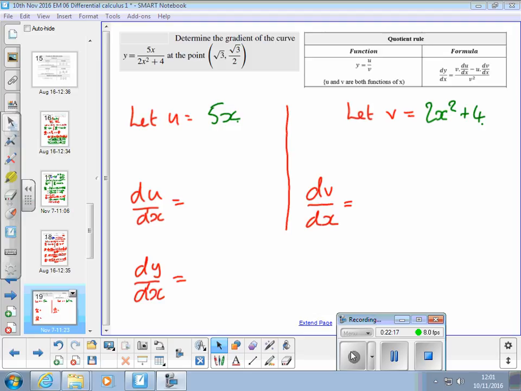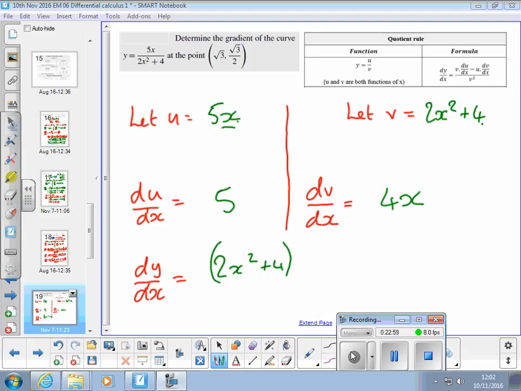So you need to let u equal 5x because that's the numerator, and v equal 2x squared plus 4. Differentiating each of those, the differential of 5x is 5. The differential of 2x squared plus 4 comes out as 4x. Constant disappears. We then plug those into our formula. So we need v first, 2x squared plus 4.